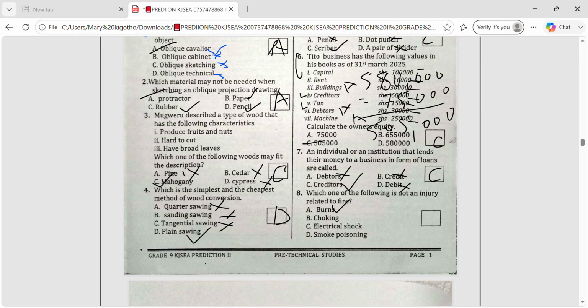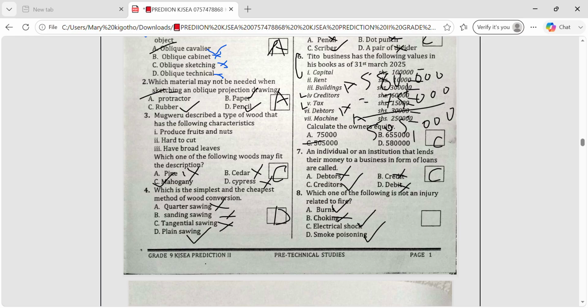So that's out. What about electrical shock? Since electric faults are a common cause of fire, so yeah. What about smoke poisoning from inhaling toxic smoke or fumes related to fire?